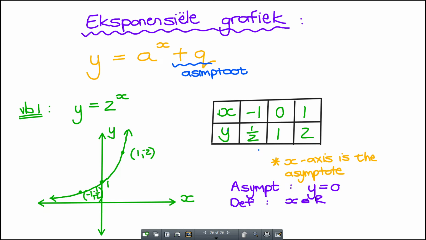Okay, then the range. Good. Because my x-axis is my asymptote, will it ever be able to cut through that asymptote? No. So I know my graph will always be above the x-axis. And how do I say that? y must be greater than 0. Okay, that's it. Are you right?